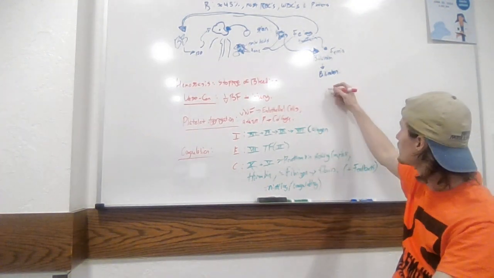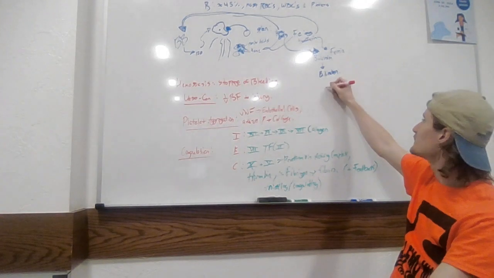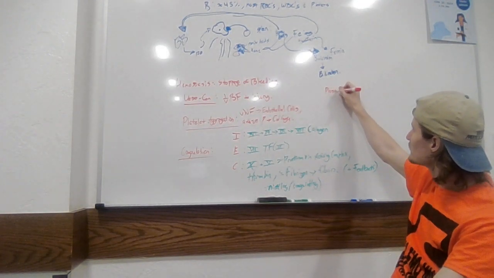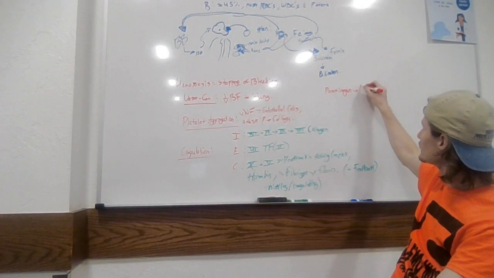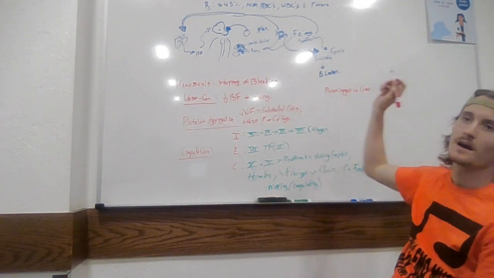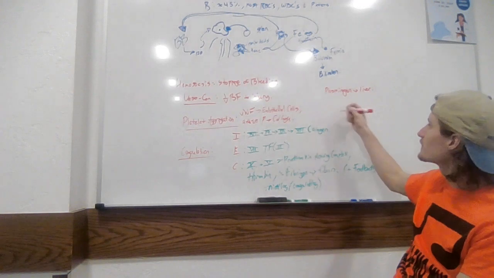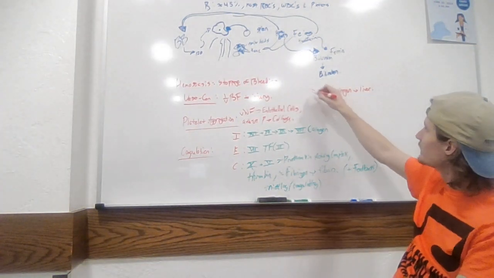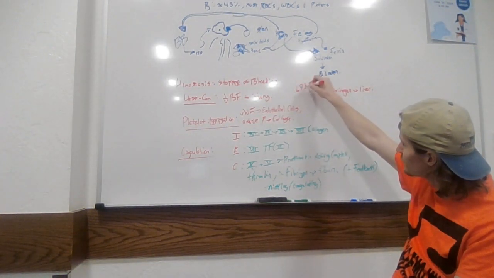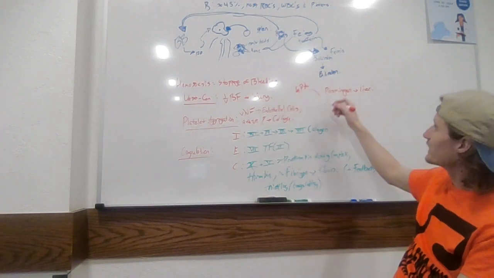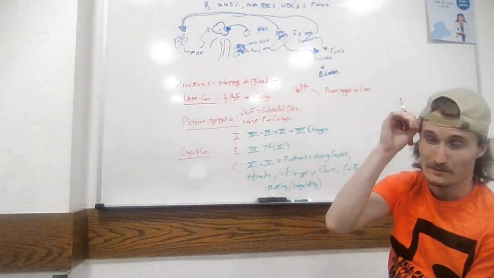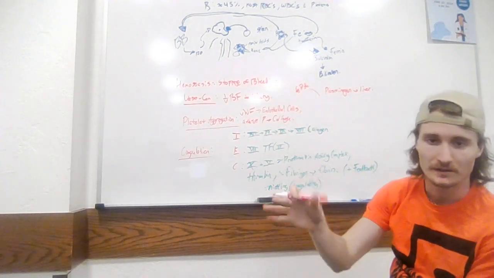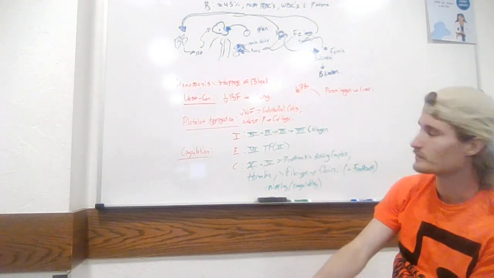TPA, plasminogen. So we're going to have plasminogen, and this is going to be released by the liver. It will get activated by TPA, which will come in when we have a wound. TPA is going to come in eventually, I think the book says a couple days after a wound and a clot has formed.